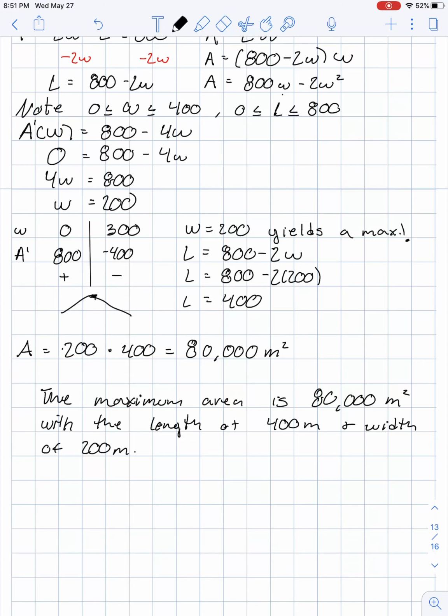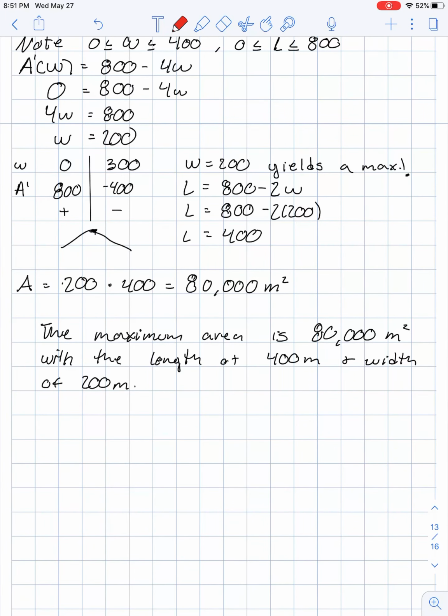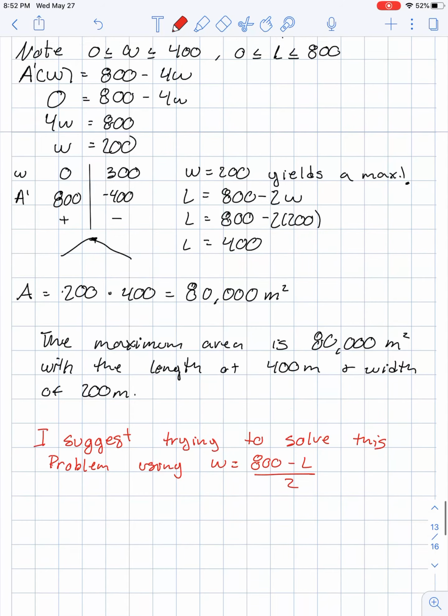All right. So if you can on your own, I suggest trying to solve this problem again using that W equals 800 minus L over 2.